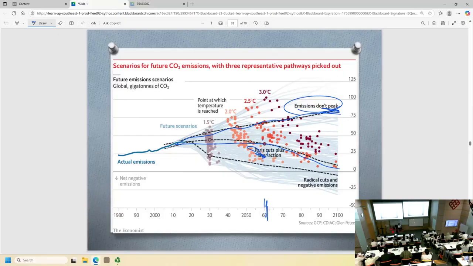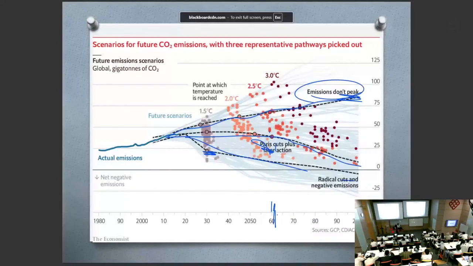If we have radical cuts of carbon dioxide emissions, then it will be limited to 1.5 degrees C rise in global temperature. Just some figures provided by other organizations. So it gives you some idea about different policies and their effect on the global temperature.